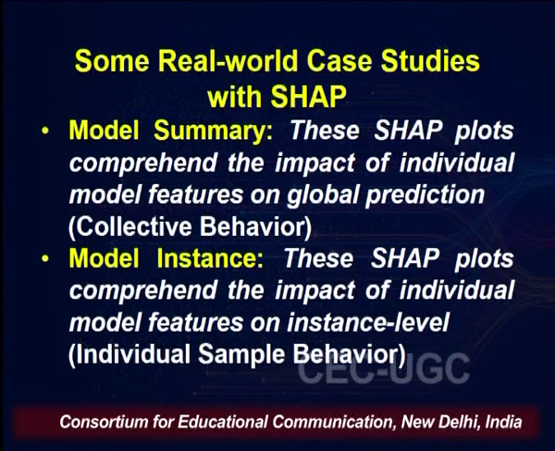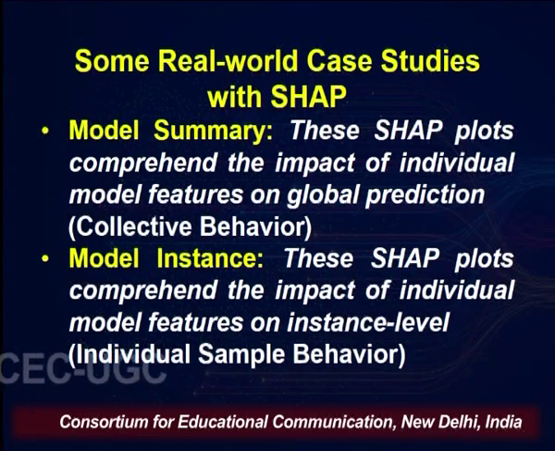For this, different summary plots are available that we will see shortly, and similar to that we have some model instance plots. If we want to see that, we are now focused on each and every sample, not the whole data set, but one sample at a time.